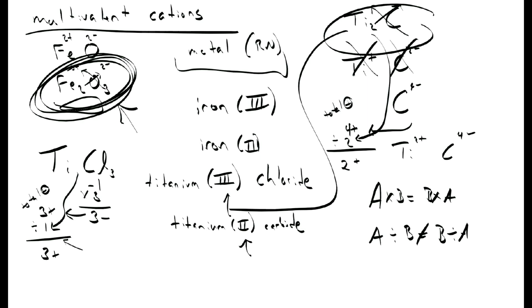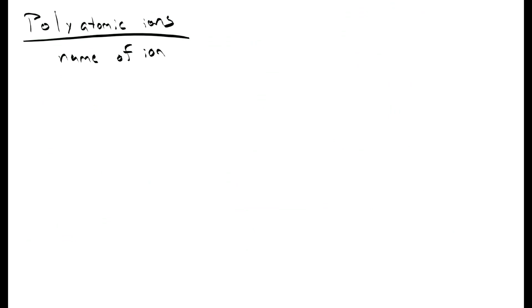So now we look at the polyatomic ions. The polyatomic ions, whether they're cations or anions, are much simpler. Just the name of the ion. So we look at this, we have Na2O2. I'm showing you this because, for the simple reason that, boom, these numbers are not reduced, okay?